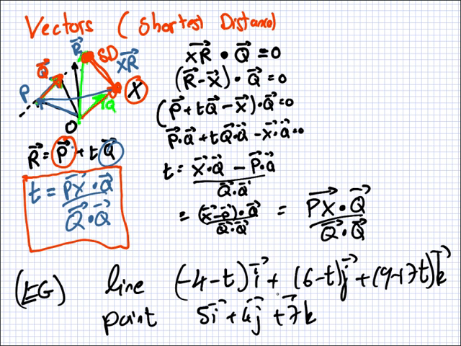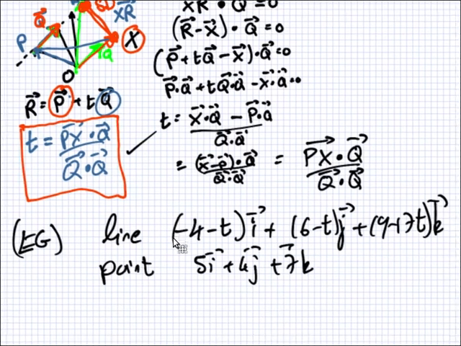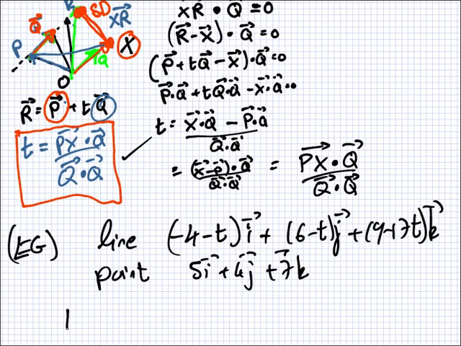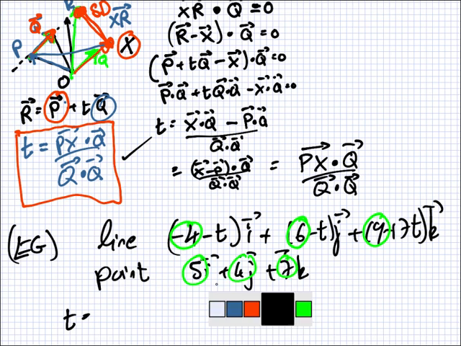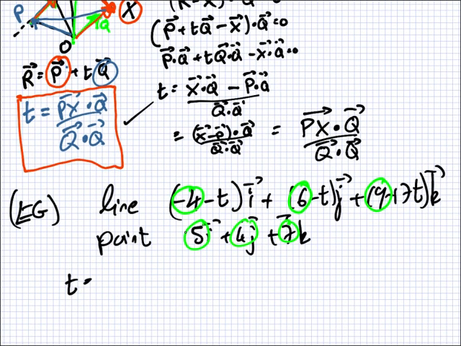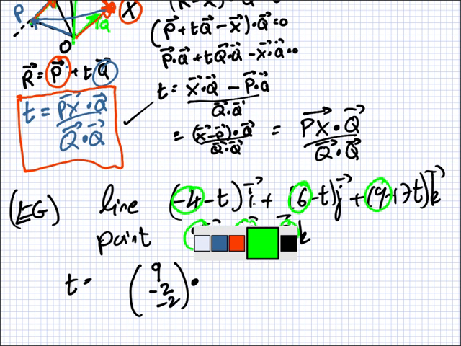If I use this formula, I get t equals PX. Here's the P, and here's the X. So it'll be X minus P dot Q, and Q is this one.